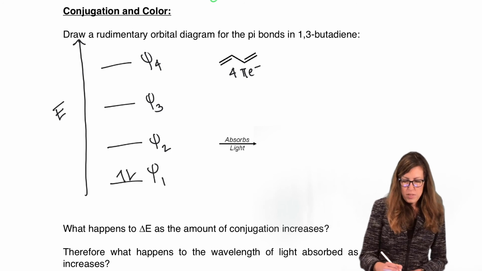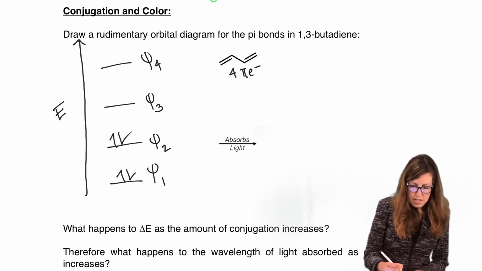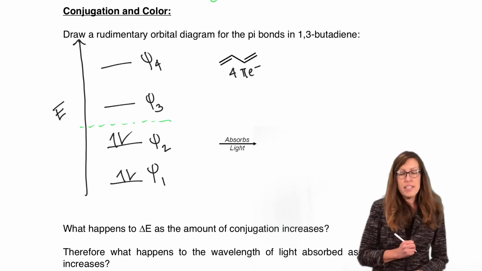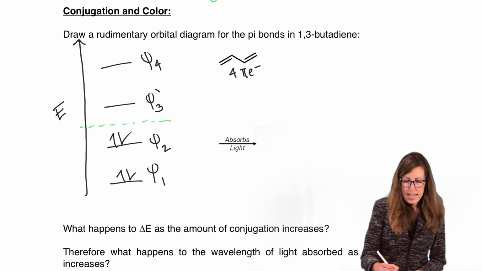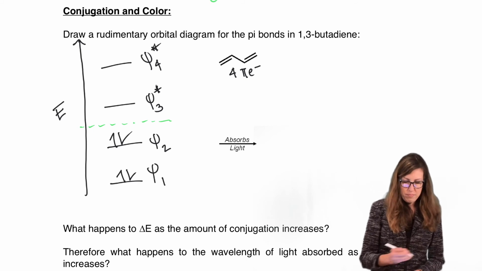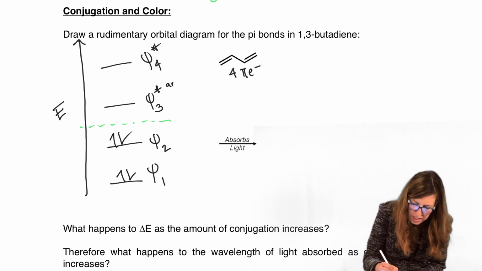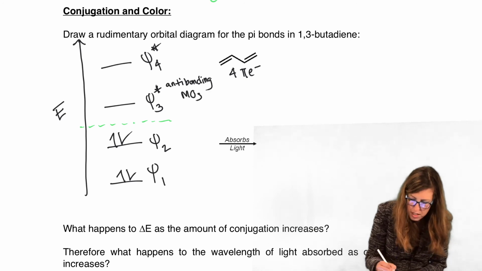So pair, spin up, spin down, spin up, spin down. Here's our line separating the bonding from the anti-bonding. Anti-bonding MOs are above, and below that line are bonding MOs.